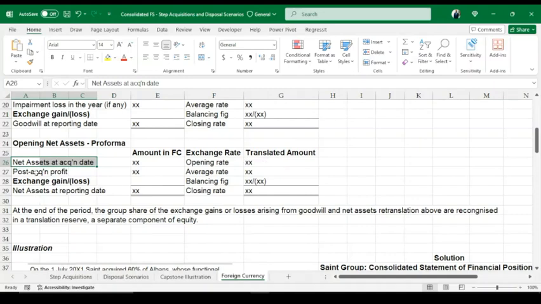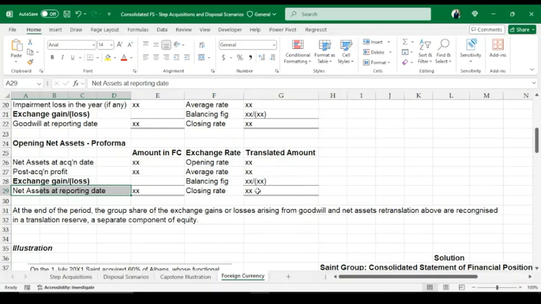We are going to have the post-acquisition profit for the period in the functional currency of the subsidiary. We'll translate that at the average rate, since it's a statement of profit or loss item, to get our translated amount. Then we'll also translate the net asset at the reporting date at the closing rate to get the translated amount.